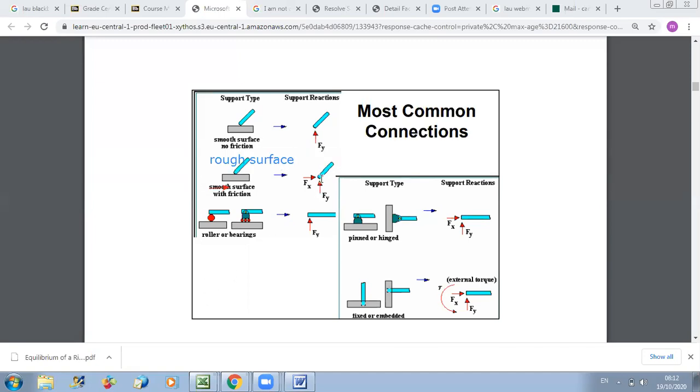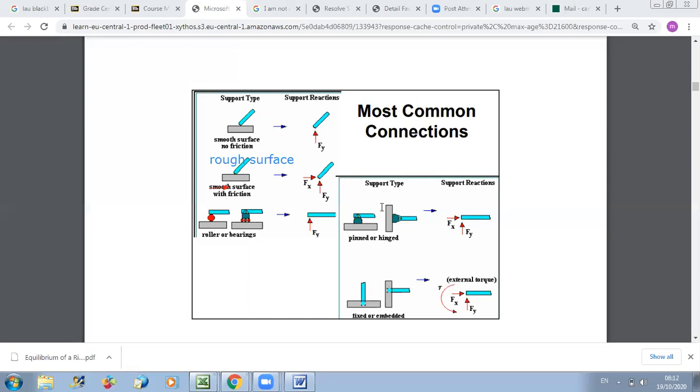This is why when considering the object, we will have Fx and we will have Fy. And this type is the one we have already seen previously, the roller. So every time you see small wheels, it's a roller. Roller or bearings will develop also a force perpendicular to contact because in the X direction they can slide.